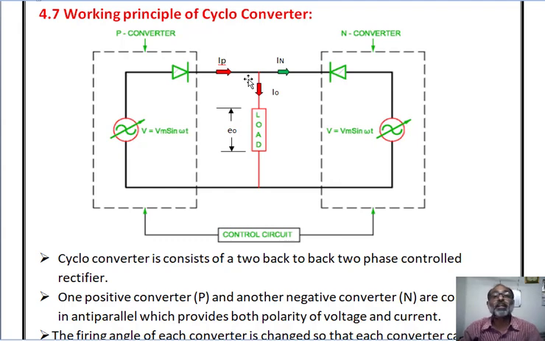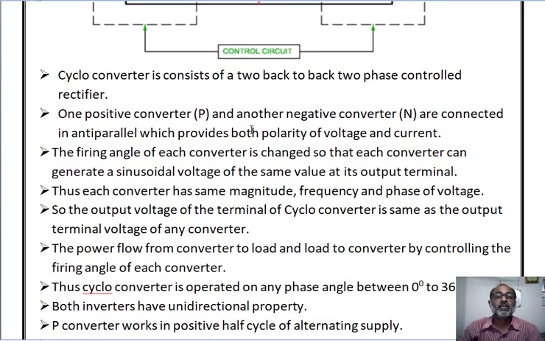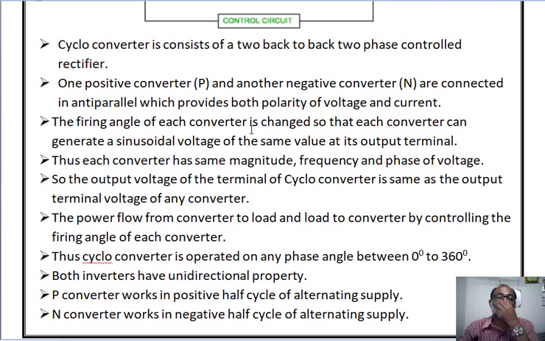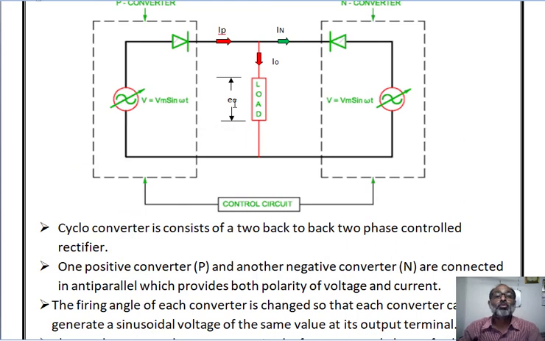So the output voltage or terminal voltage of the cycloconverter is the output voltage of each converter. In this case the power flows from source to load as well as load to source.